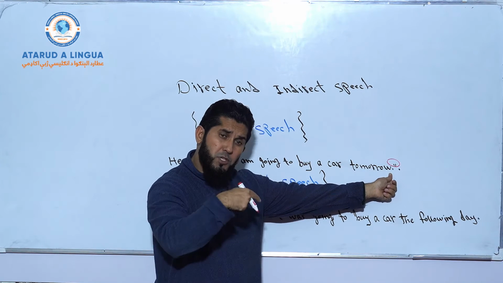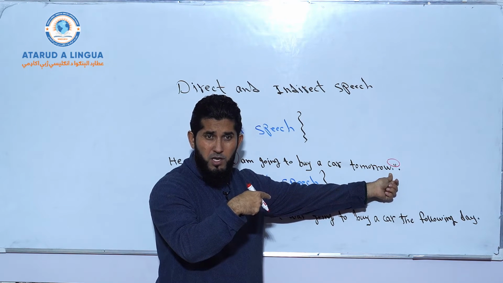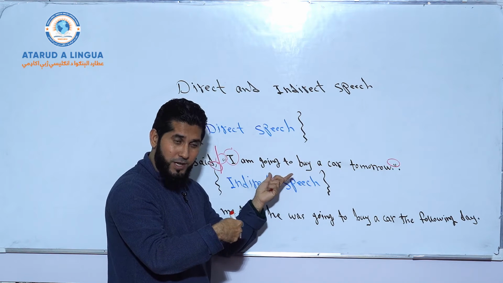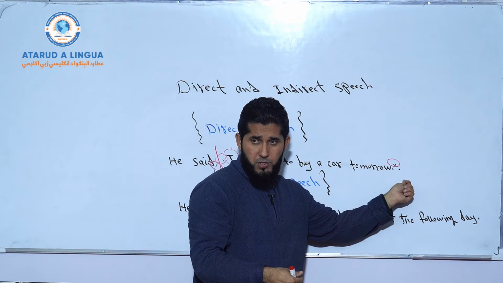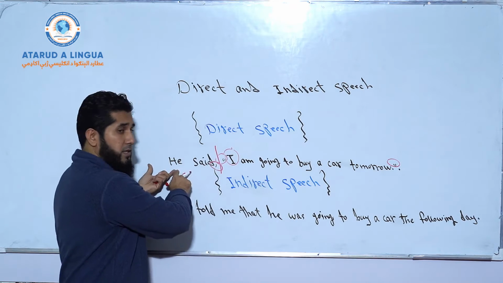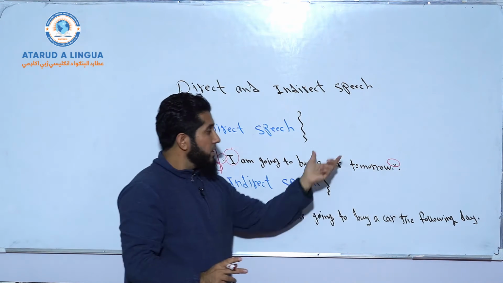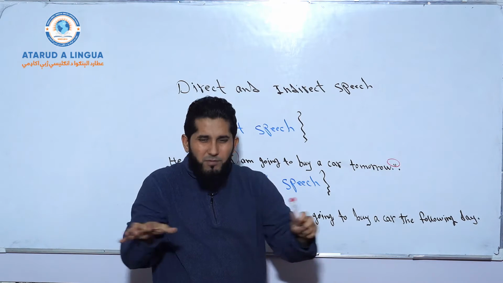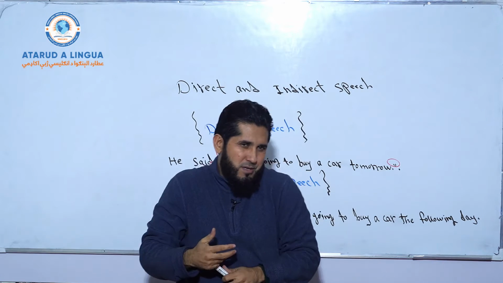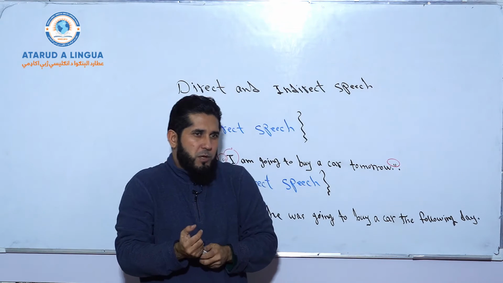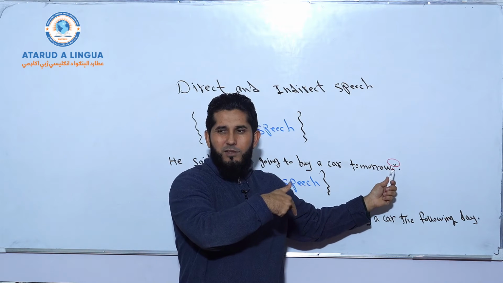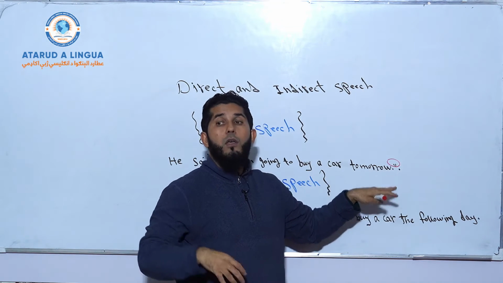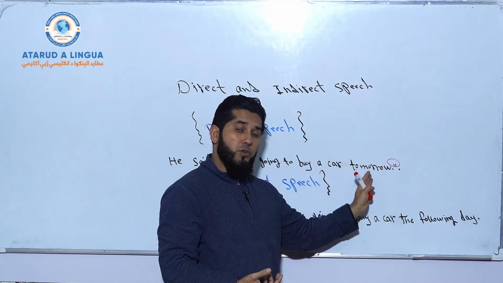So the period that you see inside the quotation marks is for his sentence or her sentence, somebody else's sentence. The period that you see outside the quotation marks is for my sentence. Understood? So the quotation mark inside and outside. I mean, grammarians have different ideas. According to my research, some of them use it just inside the quotation marks. But this is the best idea, to use your punctuation marks both inside and outside.